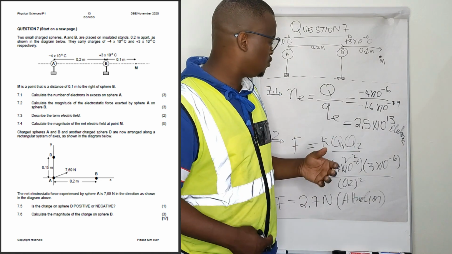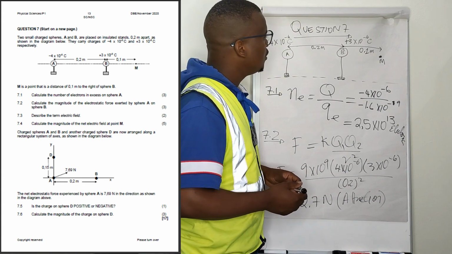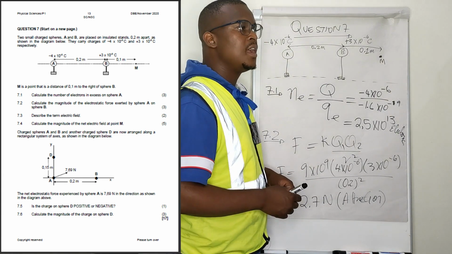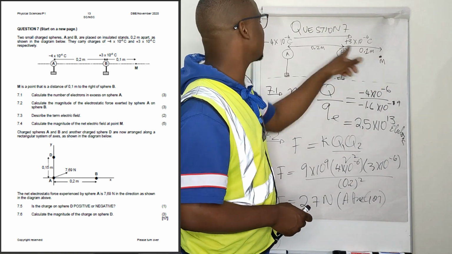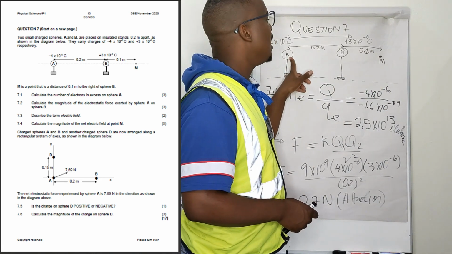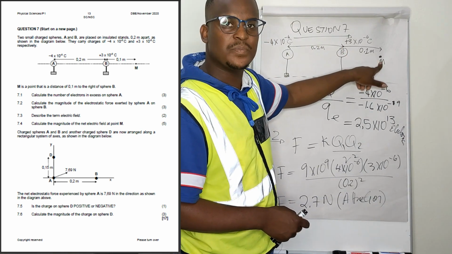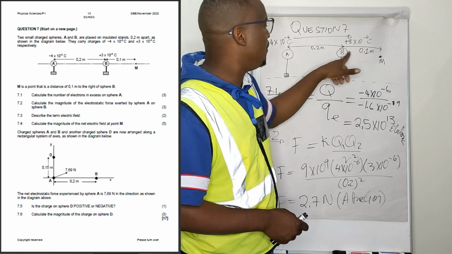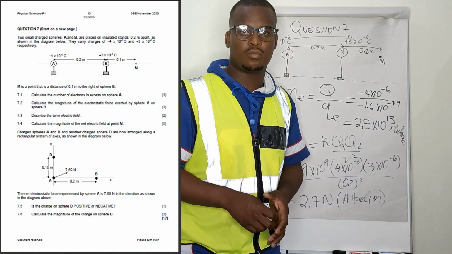That is what they want. In order to tackle this question, you must find the electric field experienced at M as a result of A, and the electric field experienced at point M because of B. That's what you should do.